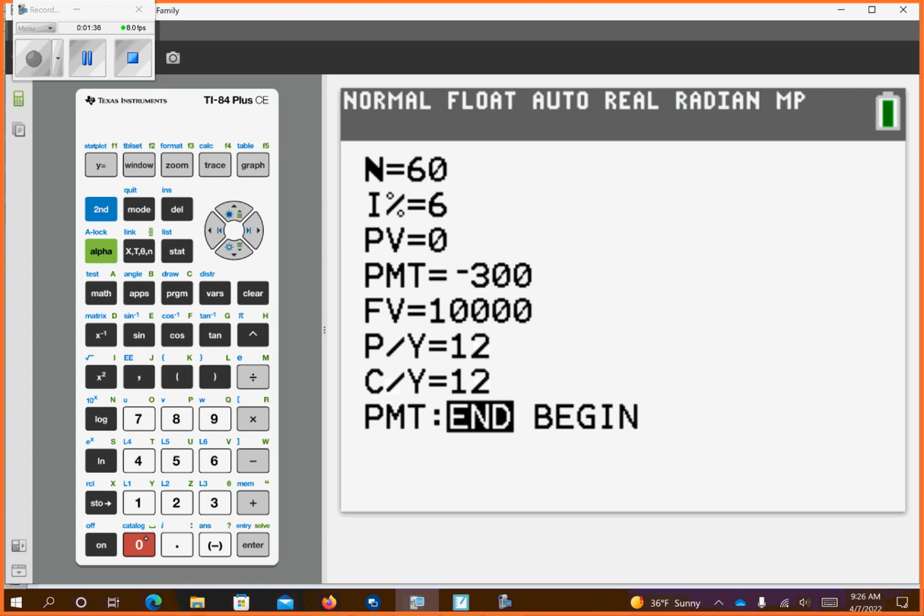Every month, future value is what we want to find, second alpha. So if they deposit $300 a month for 60 months, they'll have $20,931. You could say that's 18,000 that they invested, because 300 times 60 is 18,000. So they made $2,931.01 in interest.